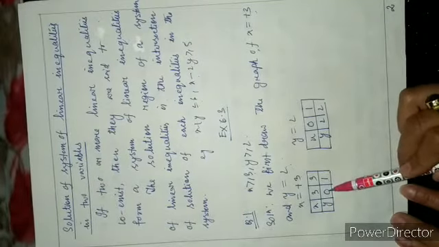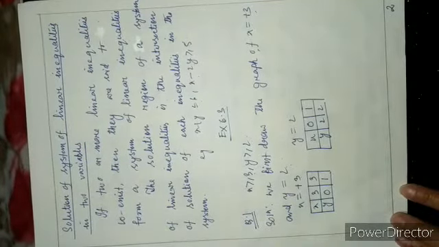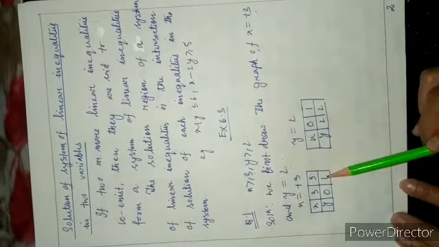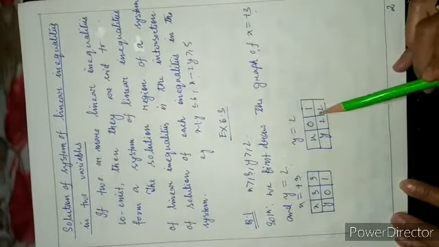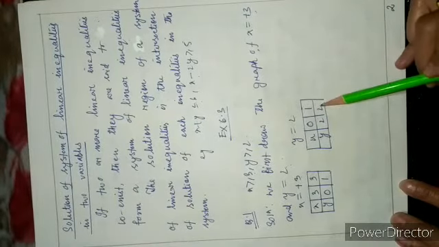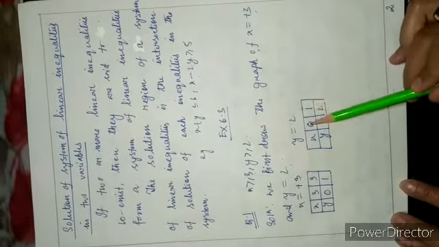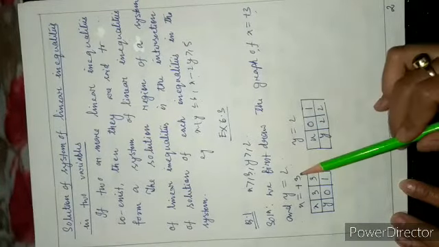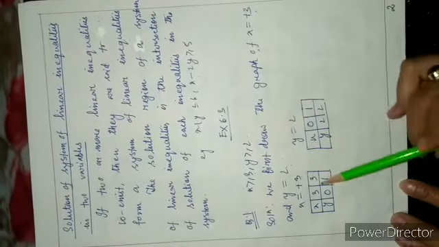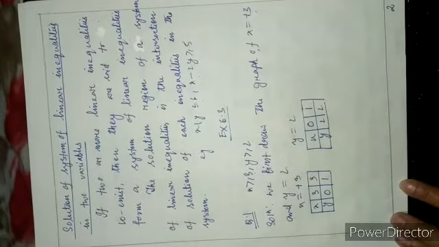And y is equal to 2 is constant. It means that for any values of x, the value of y is always 2. Both equations are satisfied by other pairs as well.